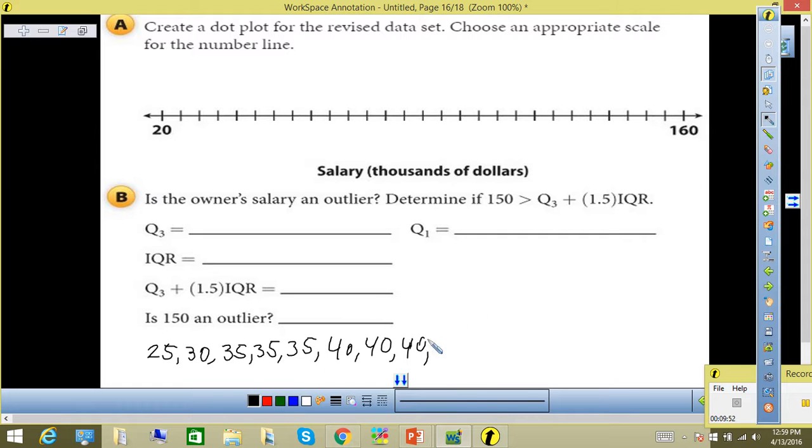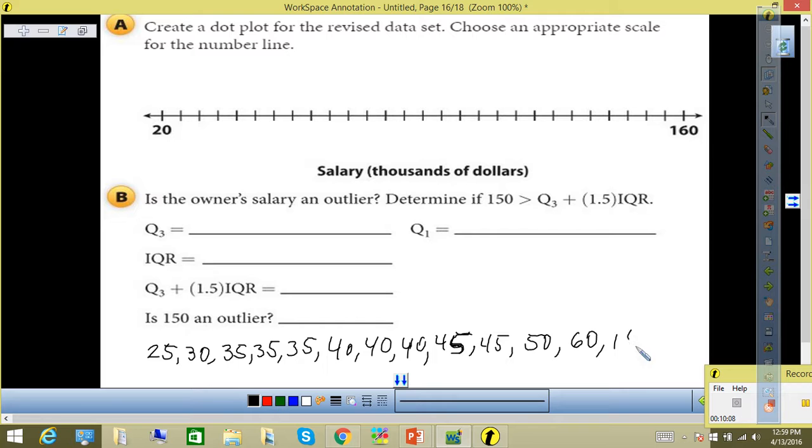Continue. 45, 45, 50, 60, and 150. Nice. Okay, let me read it back to make sure that everybody has these numbers and that I got them right. 25, 30, 35 3 times, 40 3 times, 45 2 times, 50, 60, and 150.